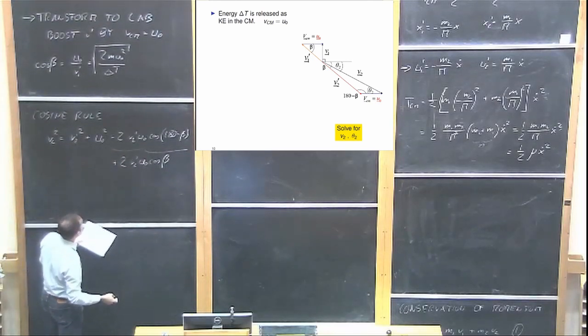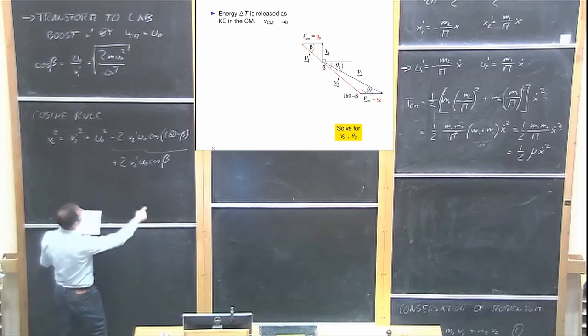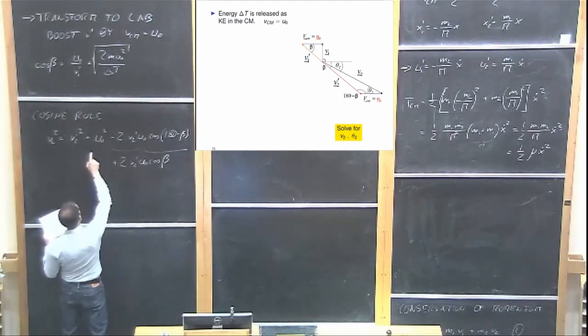So here we have everything in terms of U naught and delta t.